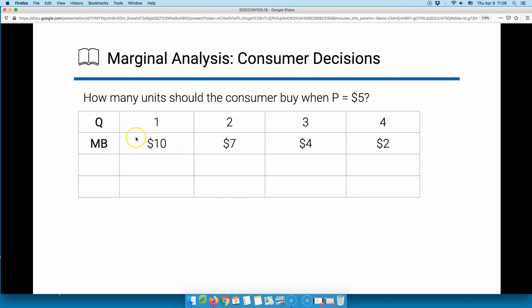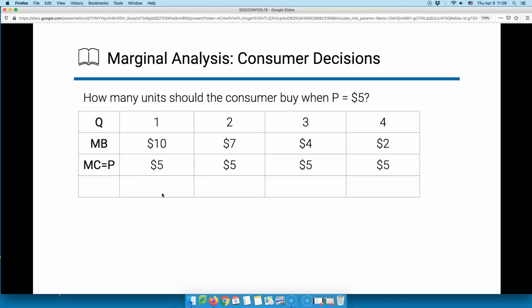So the first unit that the consumer buys is the most valuable, the second is still valuable but not as much, the third and the fourth are also valuable, but the additional value of each unit is decreasing the more and more units you buy. So we have the table of marginal benefits, and they are decreasing. Marginal costs, on the other hand, are fixed and equal to the market price of $5. So no matter how many units you want to buy, you have to pay market price.